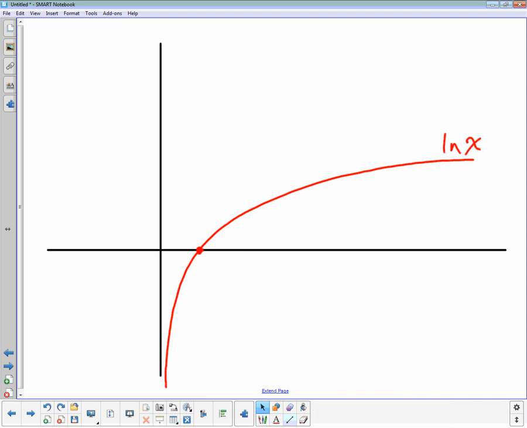But what if you had to graph that? What could we do? You could take the 2 out, right?